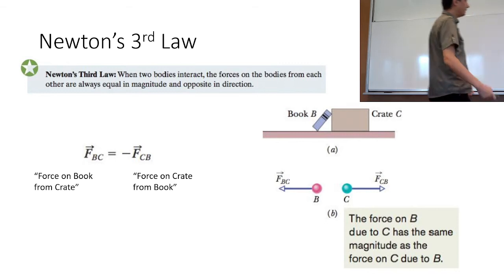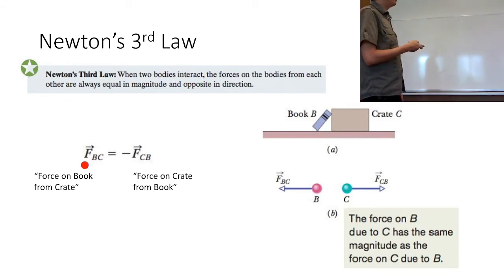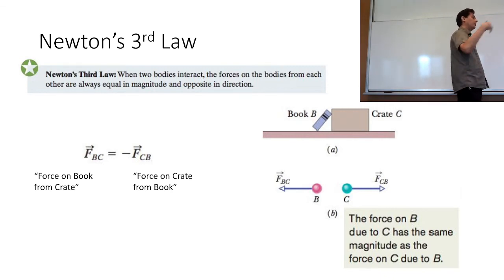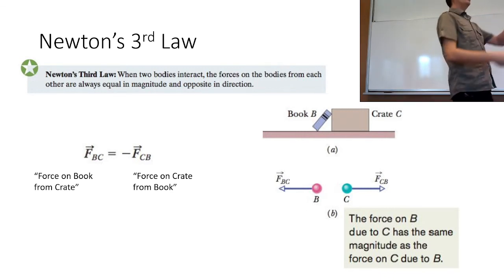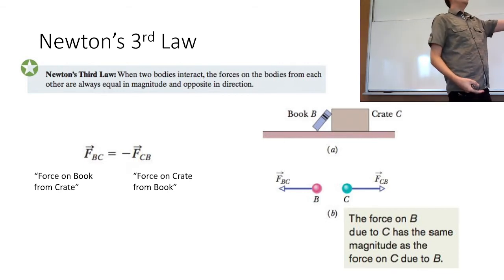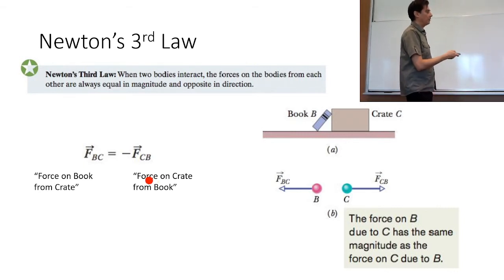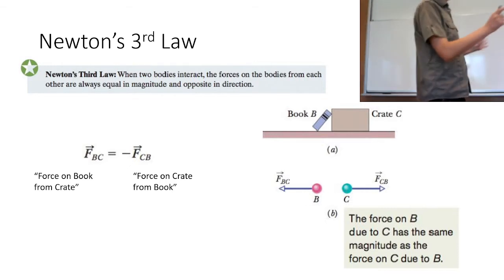A mathematical statement of the third law would be that the force on the book from the crate is the negative of the force on the crate from the book, right? So there's two parties, one is providing force to the other, and it's mutual because the other object is also providing force on the first one, and they're acting in opposite directions. So if we boil down this more physical real situation to an idealized diagram like this, then the forces would look like this.